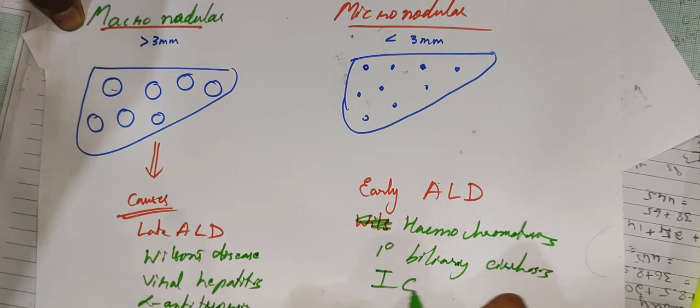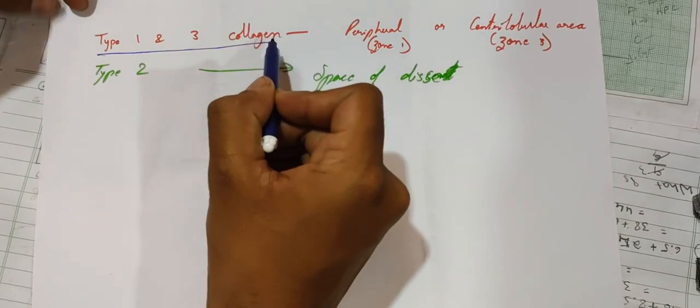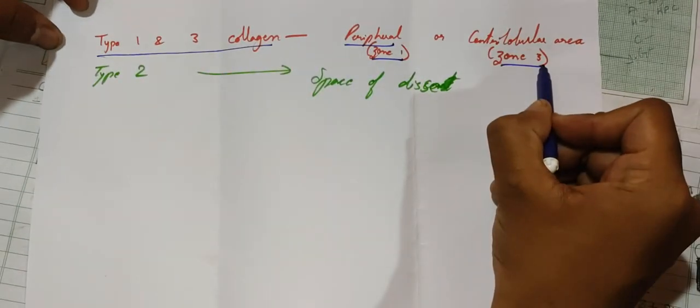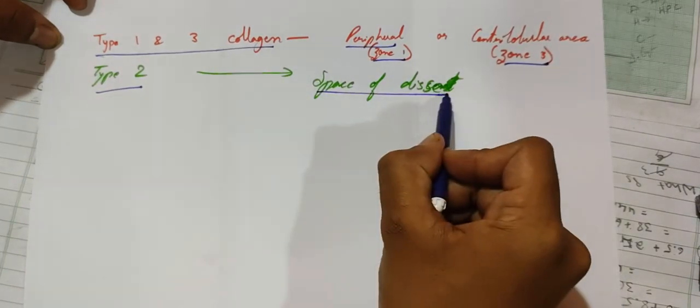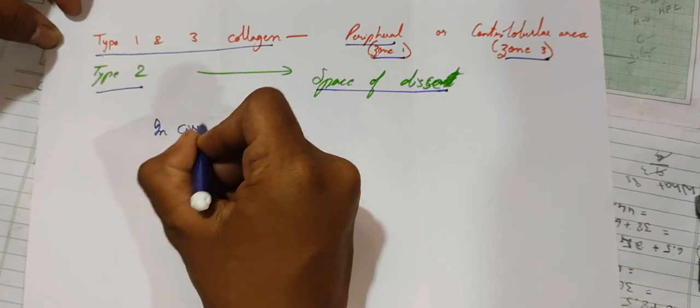and Indian childhood cirrhosis. Now see here, type 1 and type 3 collagen are mainly present in zone 1 and zone 3. And type 2 collagen is present in the space of Disse. What happens in cirrhosis?